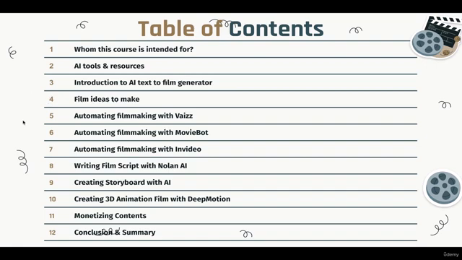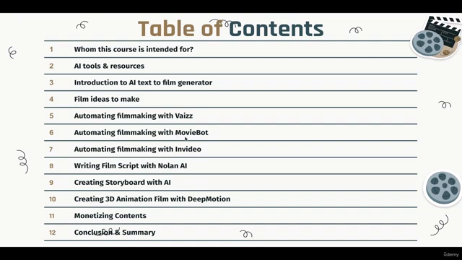Let's move on to the next chapter, chapter 5. All right, automating filmmaking with Voice. Okay, so chapter 5, chapter 6, and chapter 7, these 3 chapters are the first project, all right? So I'm going to guide you step by step on how to generate a complete film using this AI text-to-film generator. So the first tool that we're going to use is Voice, the second one is MovieBot, and the third one is InVideo.